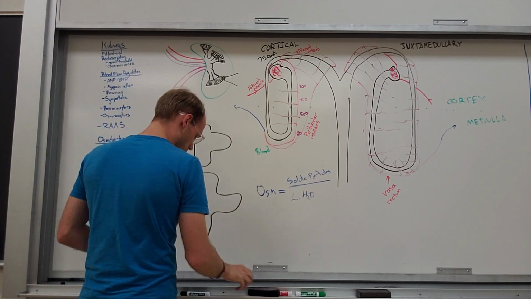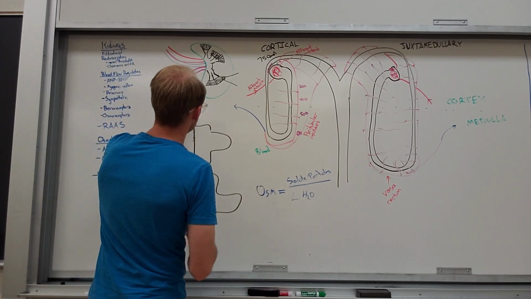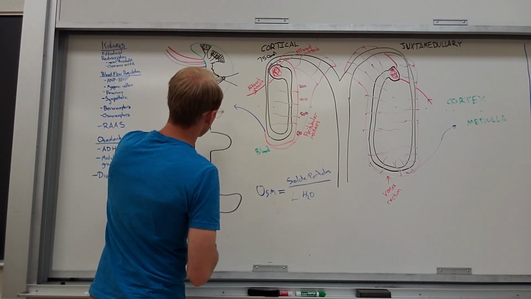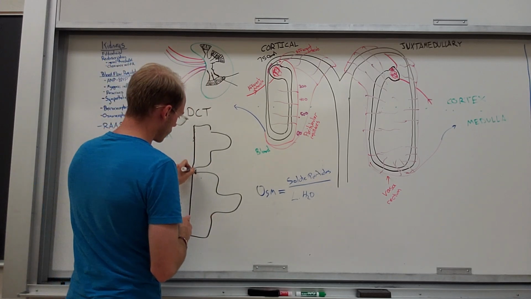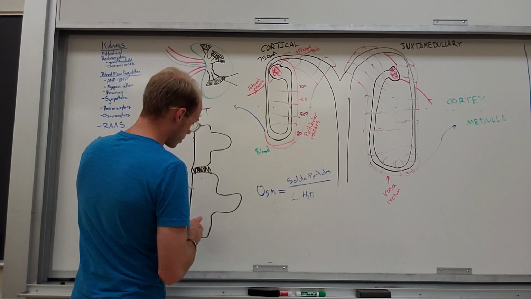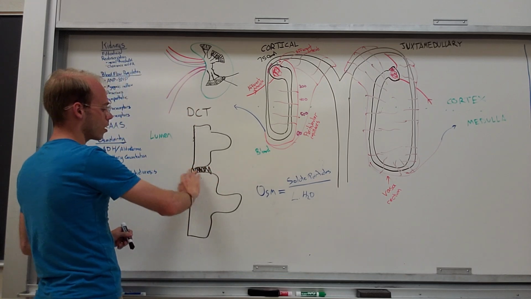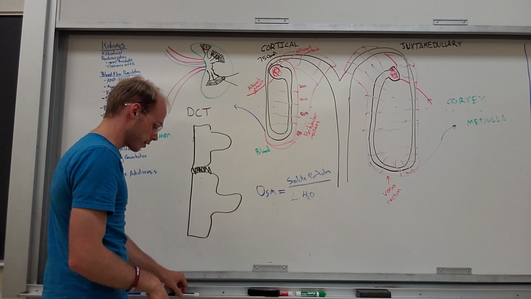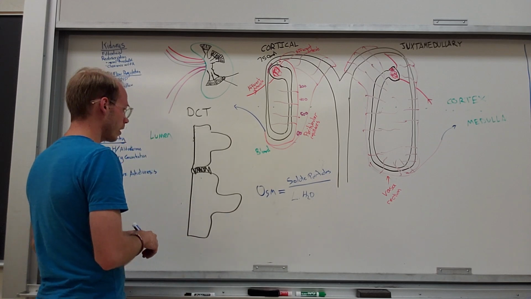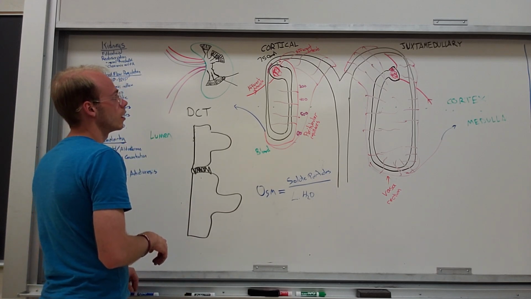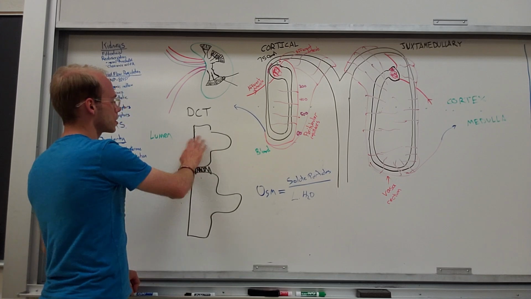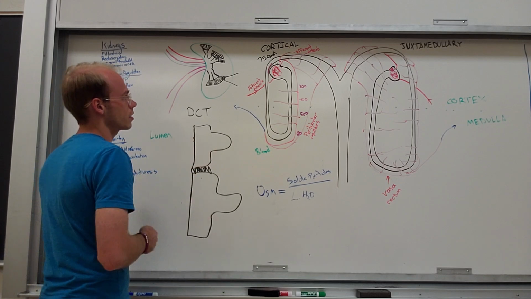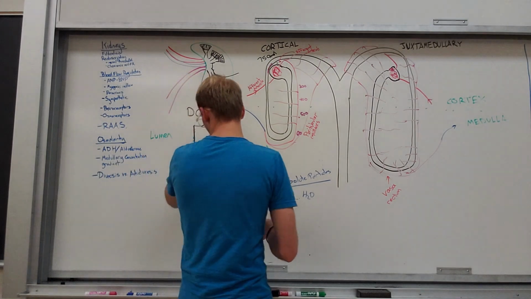Now we're going to talk about the distal collecting tubule. So they still have this area where water can't pass through. And they're also allowing some solutes to come through, not a ton, it doesn't really change too much.